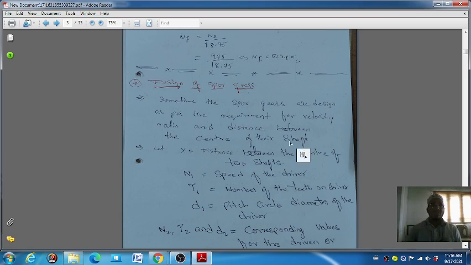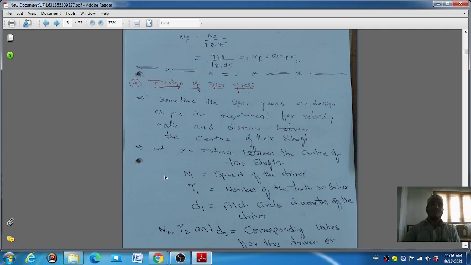As per the customer requirement or our machine requirement, we have to design the spur gear. Spur gear is the best advantage for us if the velocity ratio is our requirement, so in that place we take the spur gear design, and the distance between the centers of the shafts is also an advantage while designing the spur gear.